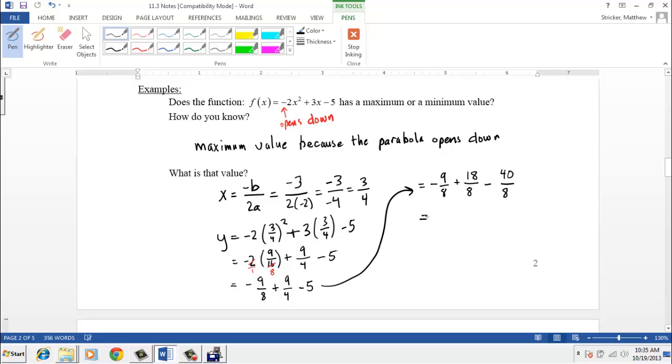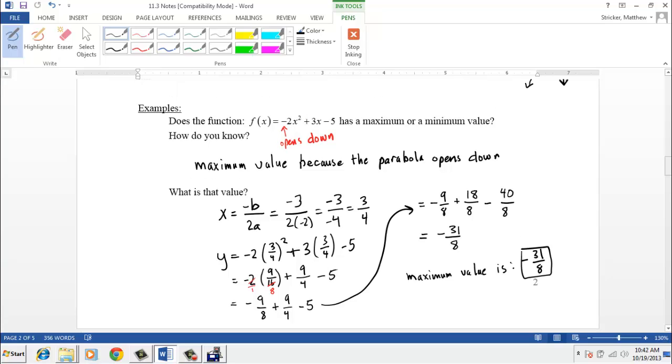Which gives us negative 31/8. So the maximum value is negative 31/8.